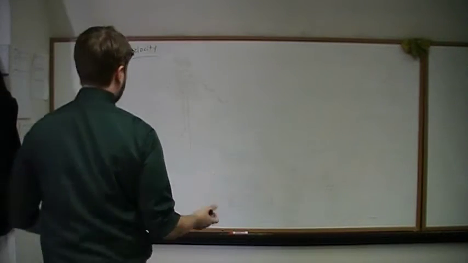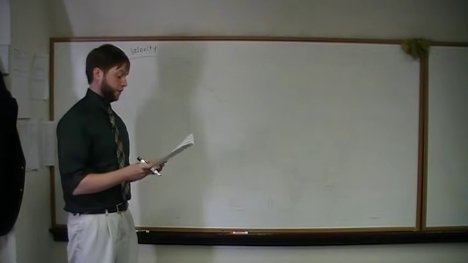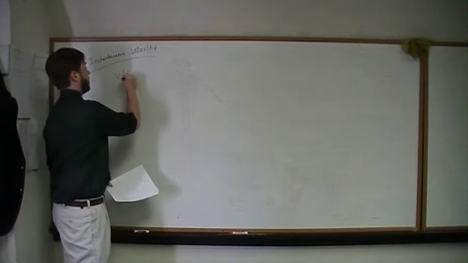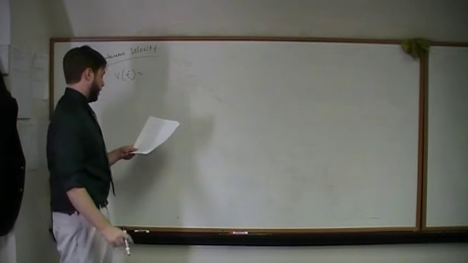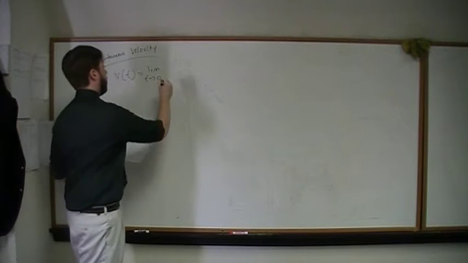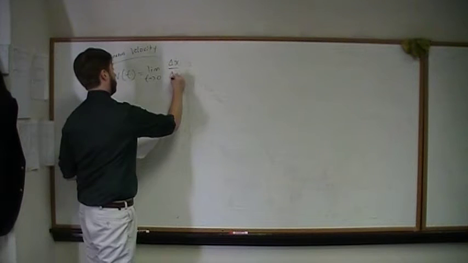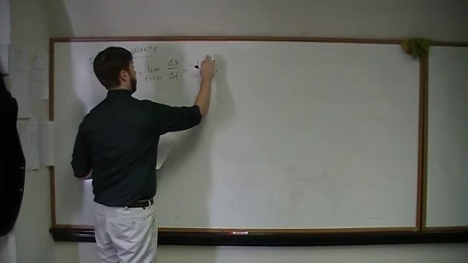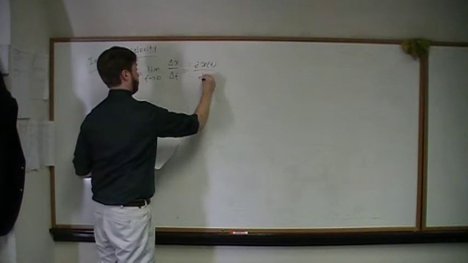Okay, now we're going to talk about instantaneous velocity, which we already brought up a little bit in our calculus chapter. Recall that the instantaneous velocity, the velocity as a function of time, so any time that we can plug into some function, is equal to the limit as delta t approaches 0 of delta x over delta t, or just the derivative of some position function with respect to time.